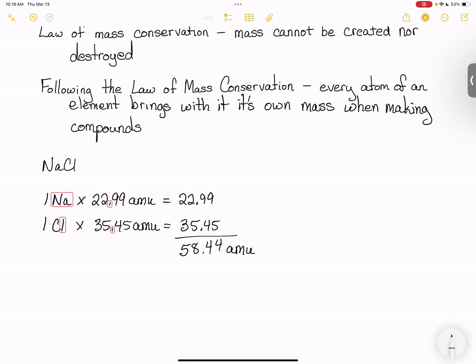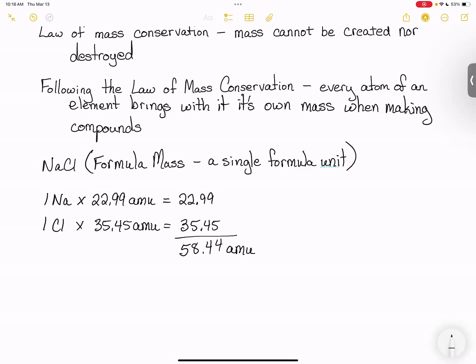Now, just like we were talking for atoms of an element, this would be its formula mass because we're dealing with a single formula unit. We were dealing with one sodium atom and one chlorine atom.